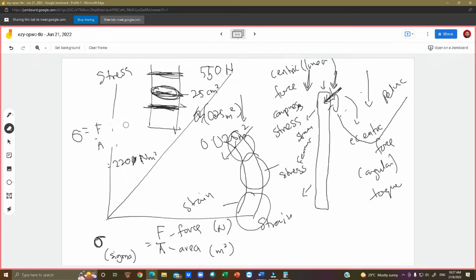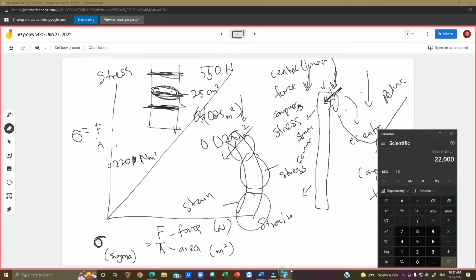Sekejap ya. 1 centimeter square equals to 1 meter square. 100. 1 meter. 100. Okay. Sekejap. 10,000. Okay.